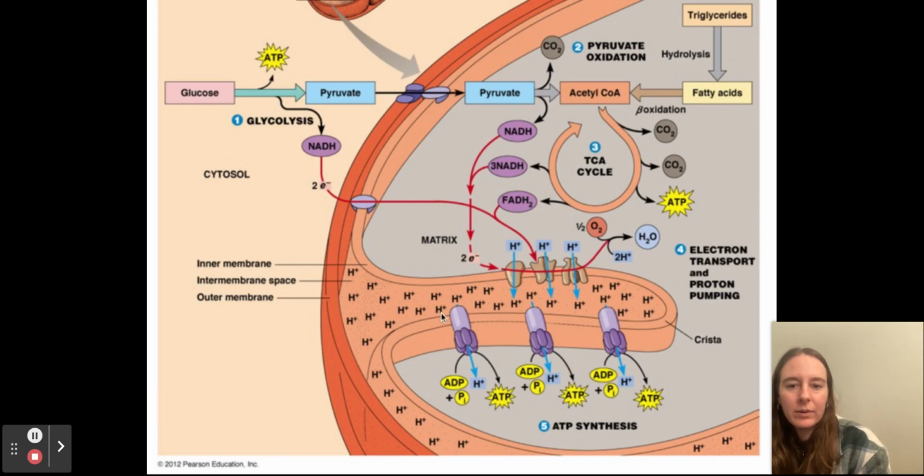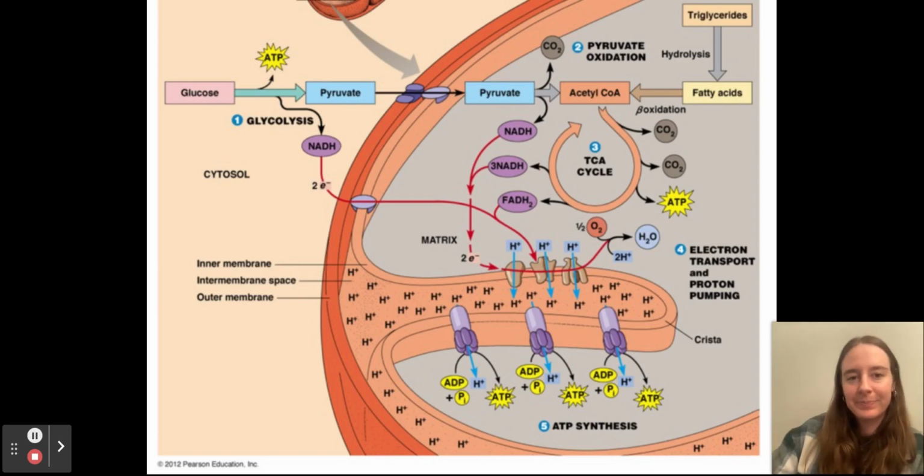You are now going to be able to diffuse the hydrogen down its electrochemical gradient, spin this turbine here, and now you're going to phosphorylate ADP to ATP, oxidative phosphorylation. So adding on that last phosphate group, and now you're generating lots of ATP, and that ATP can now be used to do anything in the cell that requires energy.